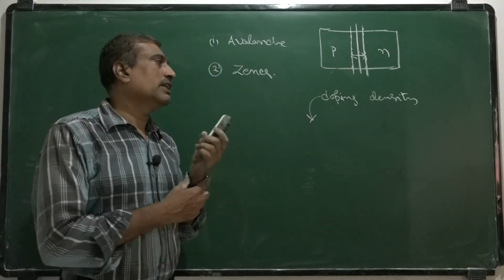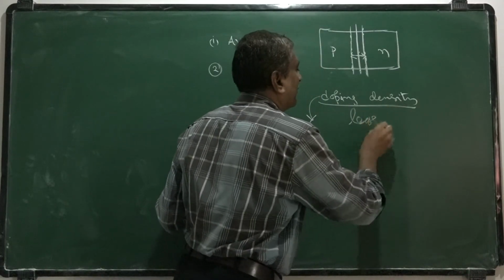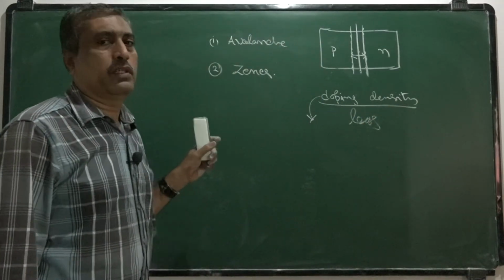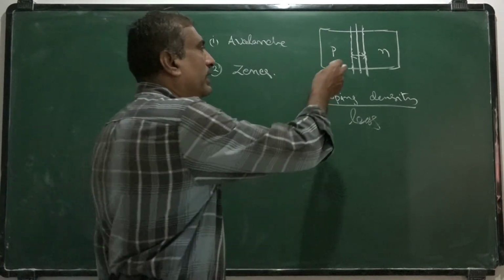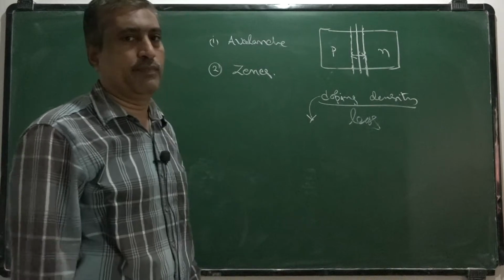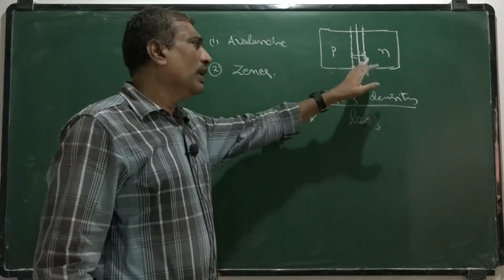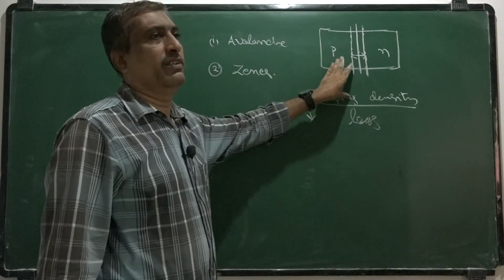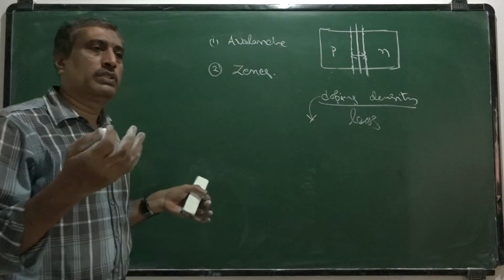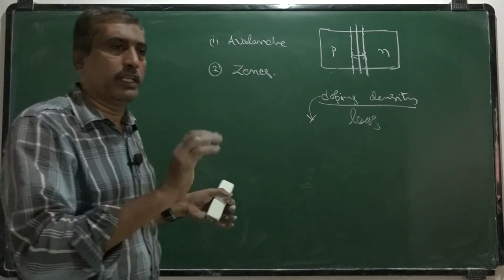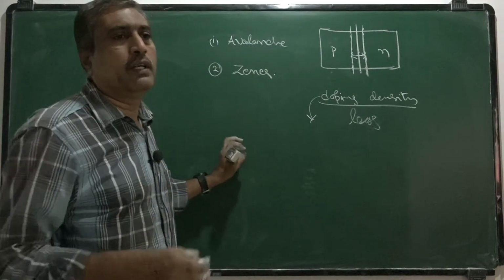Okay. Now consider that the doping density is less. In that case, if we apply a reverse bias to a lightly doped PN junction diode, what happens is, the current flows across this junction due to minority carriers, and that we call reverse saturation current, that will be in the order of microamperes.